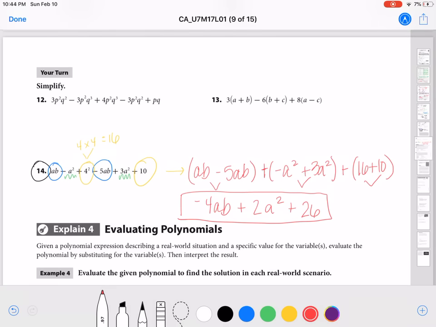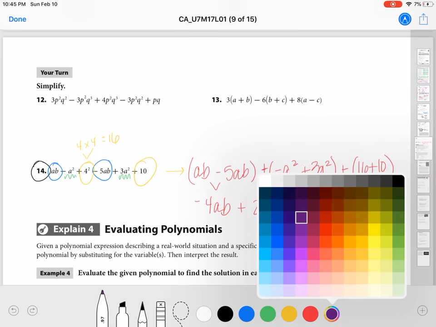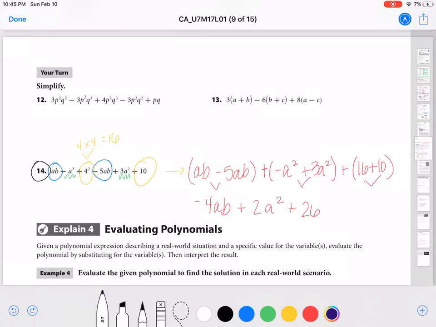Okay, now is this in standard form? Not exactly. And so before I go ahead and box my answer there, I'm actually going to rewrite this. And my final answer in standard form would be 2a squared minus 4ab plus 26. Now, why did we put the a squared before the negative 4ab?